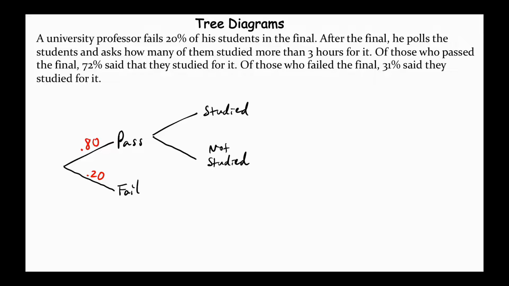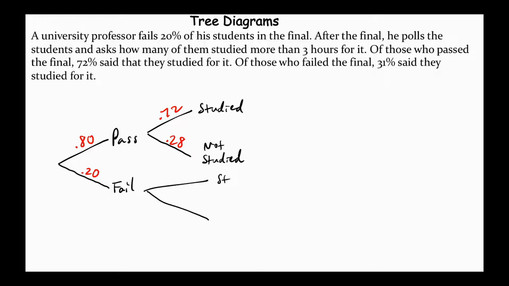So out of the ones who passed, what percent said they studied? 72. Which means the other percent is 28. That means 28% said they didn't study and they still passed. Okay. Now fail. There's also a fail one, right? So the fail, there's two options: studied, not studied.